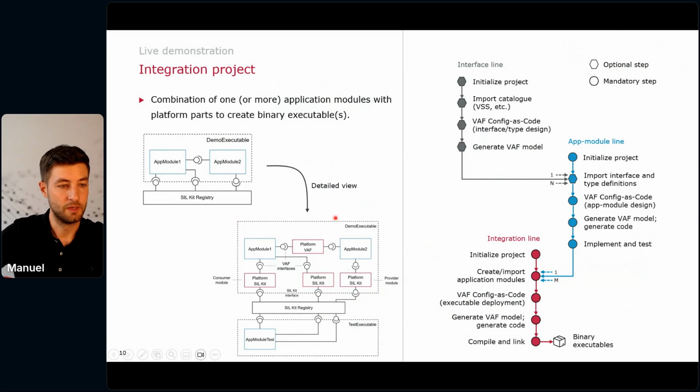We have configured one executable, instantiated the two app modules, and we have connected them among each other. This is the data exchange interface connection. And we have connected them to the software in the loop test environment, test middleware, let's say, that's represented by the circuit registry, which can be seen as kind of a daemon or, as the name says, a registry, which our executable can connect with.